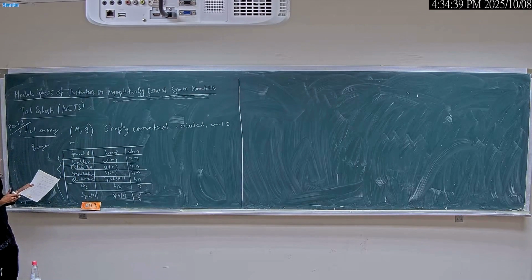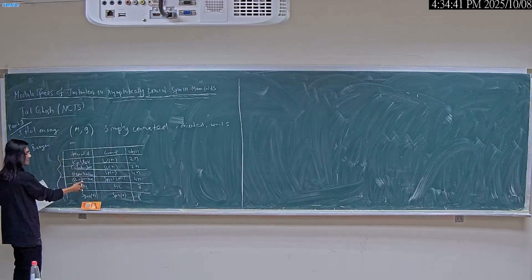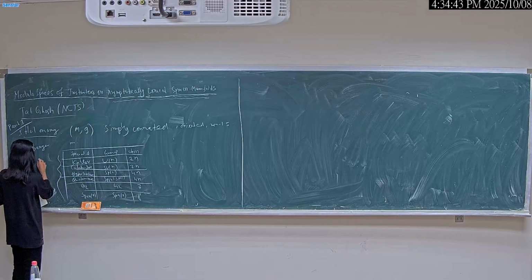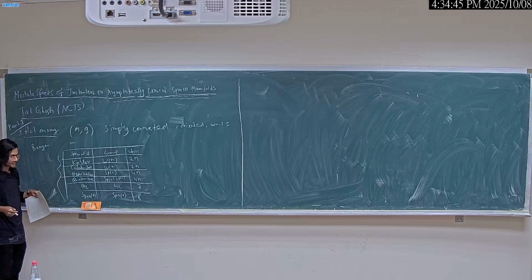The manifolds that have these holonomy groups and these geometric properties are called manifolds with special holonomy.